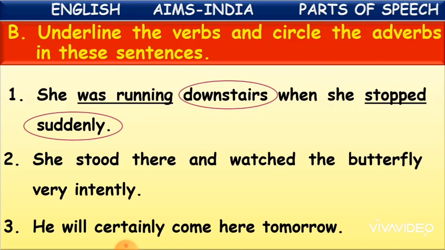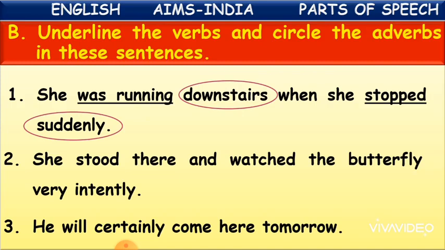Downstairs. What is an adverb? It tells about a verb, an adjective or another adverb. So where is she running? She is running downstairs. When she stopped. Again, stopped is a verb. Suddenly is also an adverb. And if you see, many adverbs end with ly, though not every one.